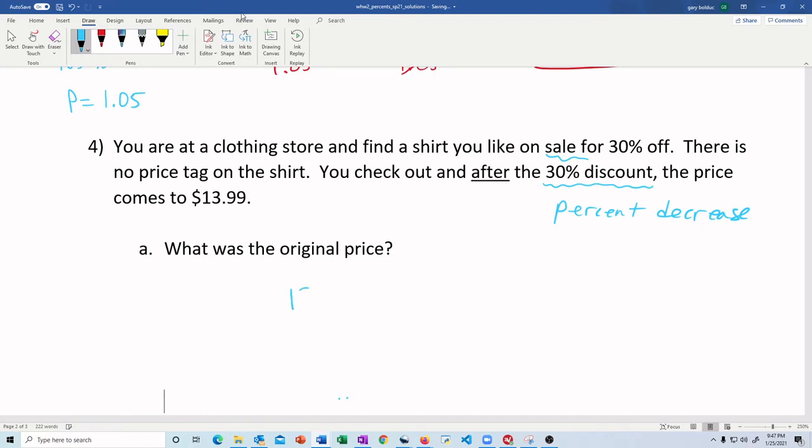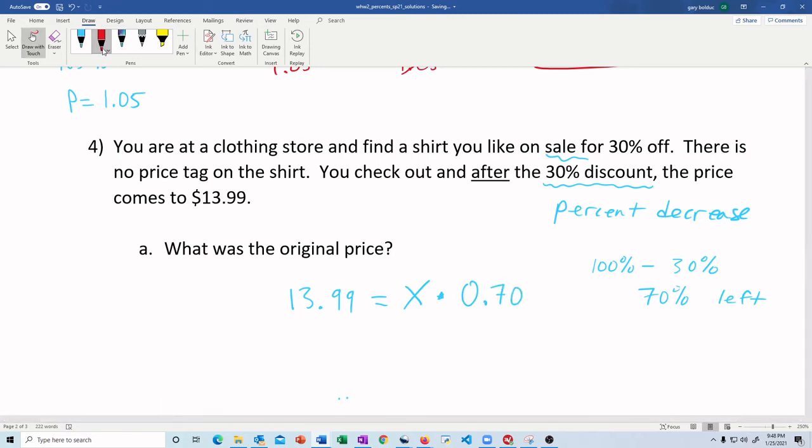So our new number is $13.99 equals the actual original price of the shirt. This is what the tag would say. And then 30% discount. How do we figure out what P is? Remember, 100% minus 30% gives me 70% left. That is a P of 0.7.